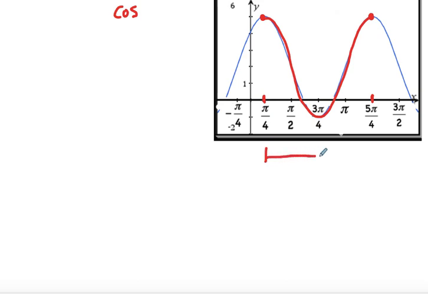So what is that span from pi over 4 to 5 pi over 4? Well, you could subtract. You could do 5 pi over 4 minus pi over 4, and you would get 4 pi over 4, which is pi. So the period is pi.